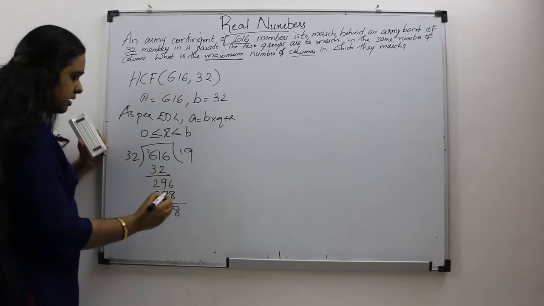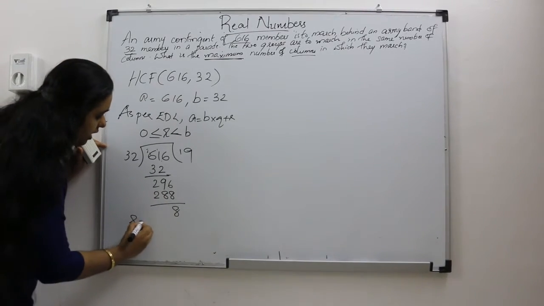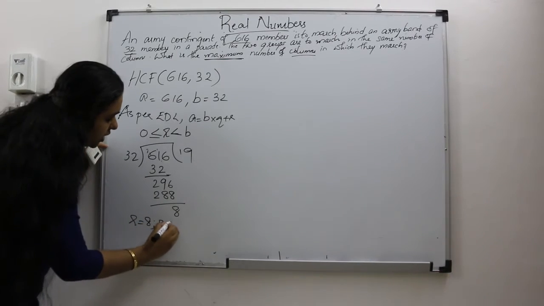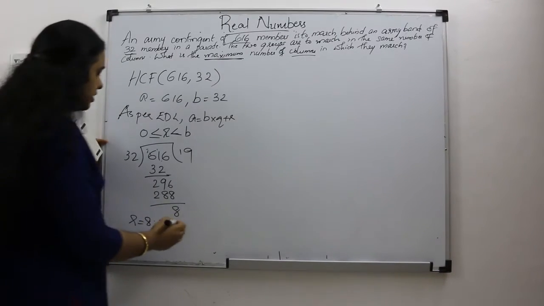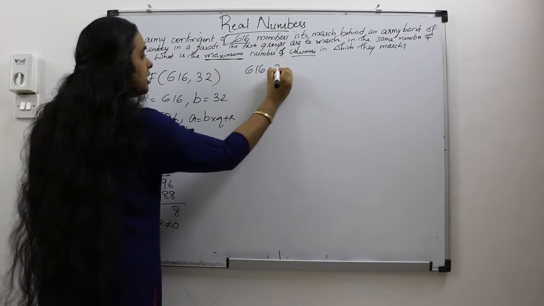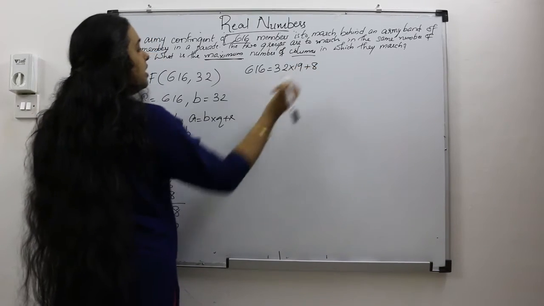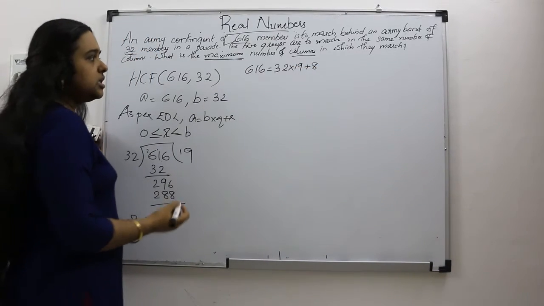Then our remainder is not equal to 0. R equals 8, that means R is not equal to 0. Then we can write 616 equals 32 into 19 plus our remainder 8. So what do we have to do?